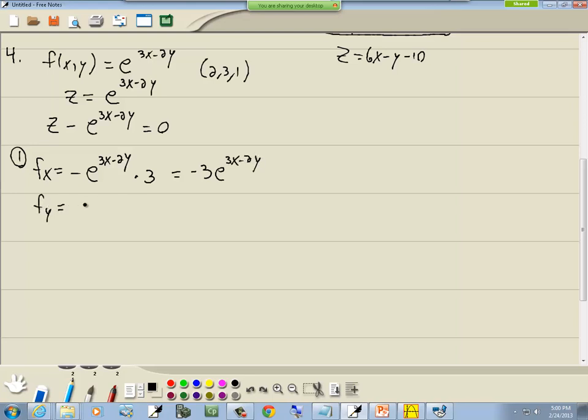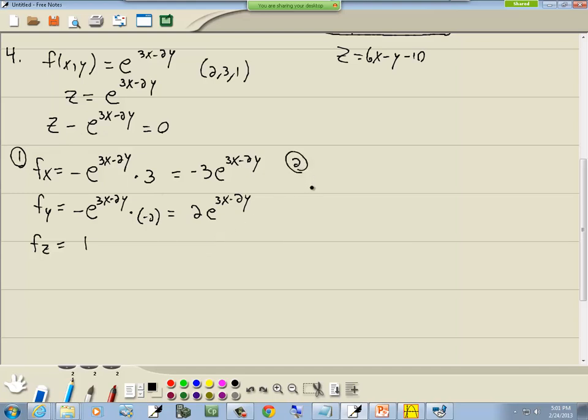Partials back to y. Well, again, that z drops away, and this is still negative e to the 3x minus 2y, times derivative of the exponent, which in terms of y's will be a negative 2. So that gives us 2e to the 3x minus 2y. Then our partials back to z would equal 1, because that doesn't have any z's in it, so it drops away. And derivative of z is 1.